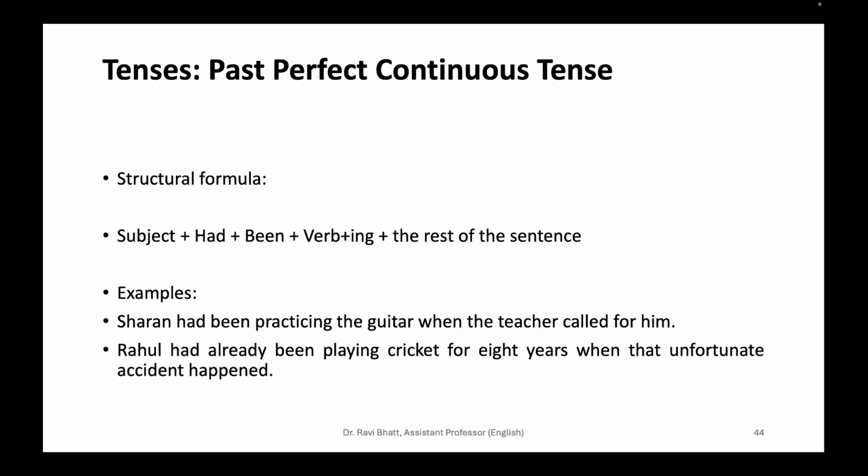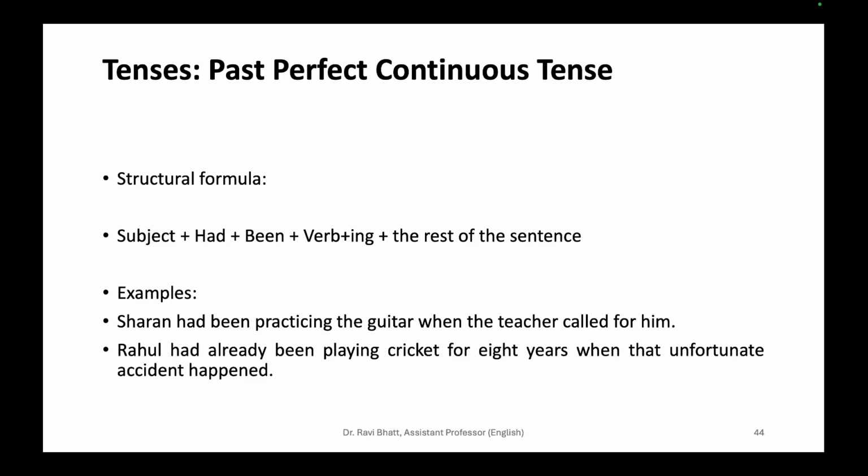Now, when do we use past perfect continuous tense? Past perfect continuous tense is generally used when we are referring to an ongoing action in the past with reference to some other action in the past. Now, if you see in the first example and in the second example, we are referring to one particular action of the past along with one action that was going on for a while. For example, what was Sharan doing?